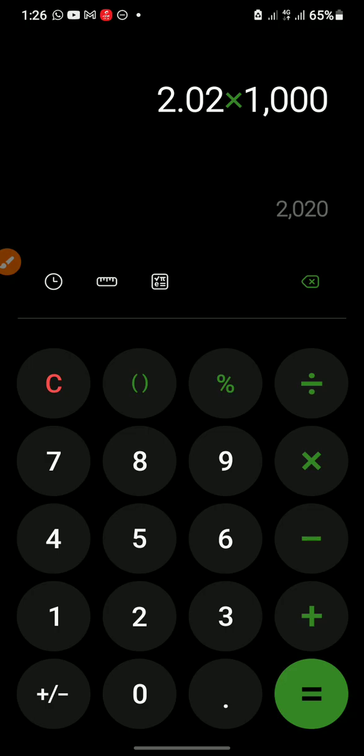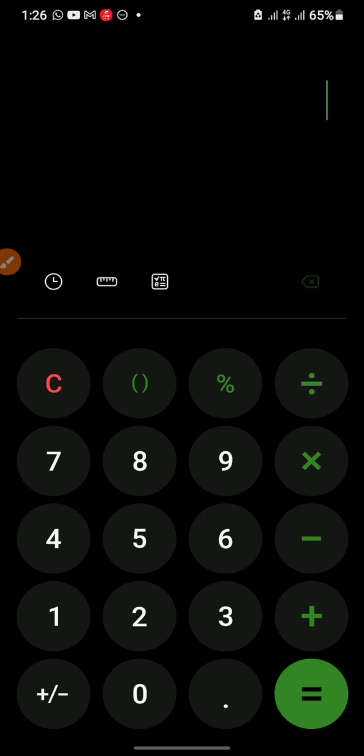Now, the current price of Pi is $1.02. Let's subtract $2.9 minus $1.02. You have 1.88 as your gain.